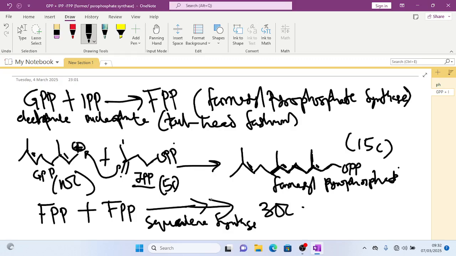It's going to be a tail-to-tail combination. It's not a head-to-tail combination.